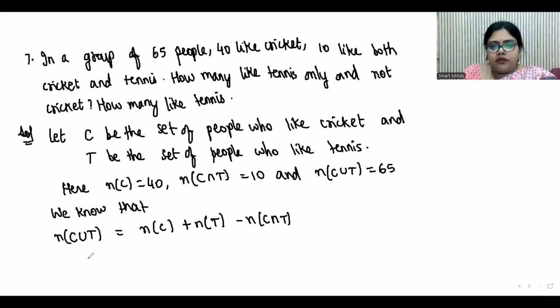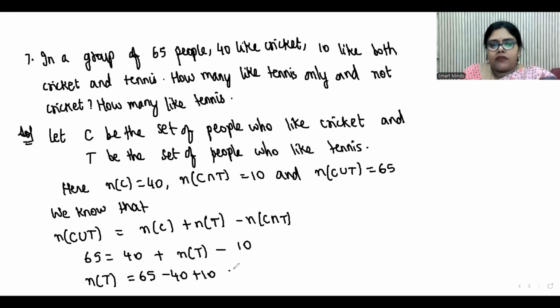So n(C ∪ T) is 65, that is equal to 40, plus we don't know n(T), minus 10. So how to find out n(T)? That is 65 minus 40 plus 10. That is 75 minus 10, which is equal to 35.